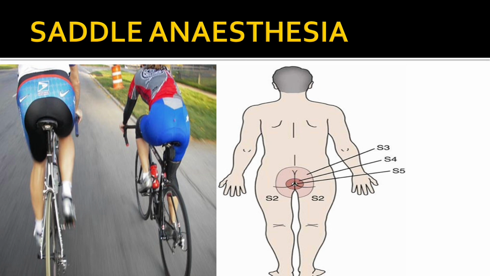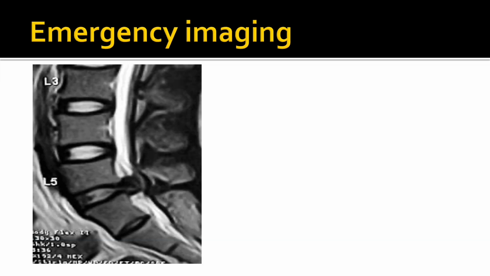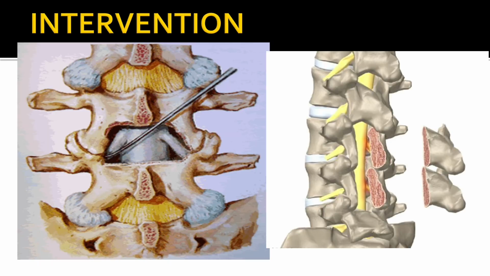And the saddle anesthesia is classical, so this anesthesia may be extending down depending upon which nerve roots are affected. And whenever it is suspected, it is an emergency. Imaging should be done within 24 to 48 hours and intervention has to be done because this is a medical emergency. And the MRI may show abnormalities. If a structural cause is found, you should go for intervention, that is surgical intervention.